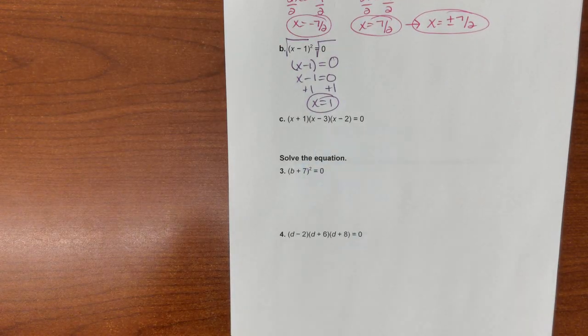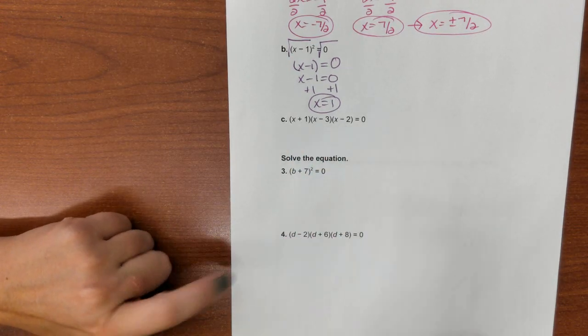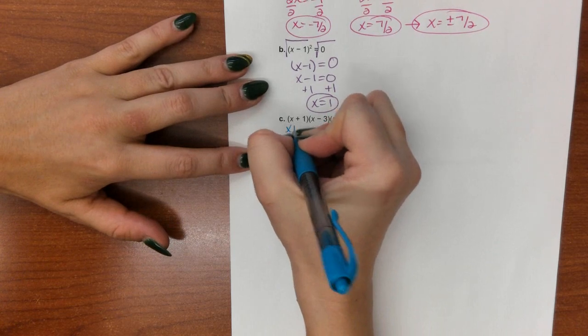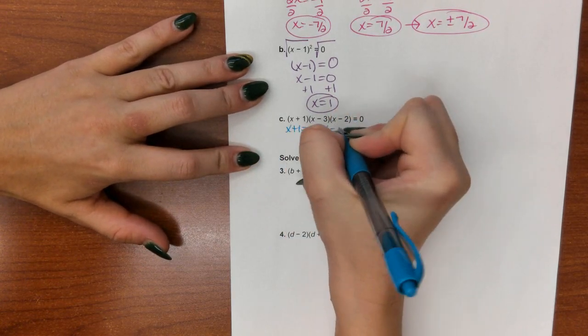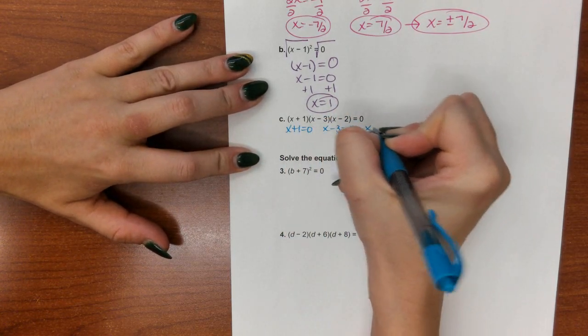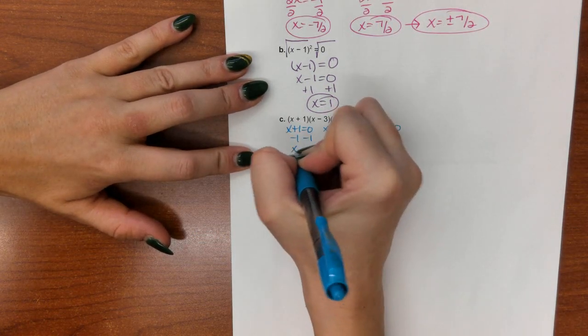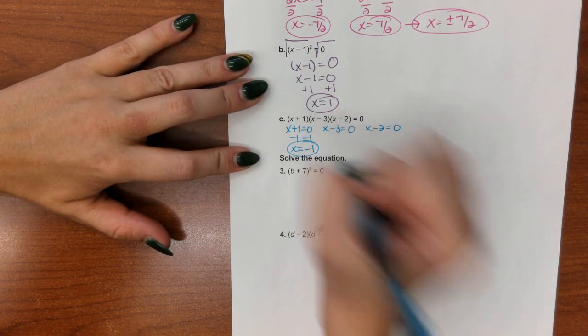And for part C, the only thing that's different about this one is now I have 3 pieces. So what do you think I'm going to do? I'm just going to set it equal to 0 3 times. So x plus 1 equals 0, x minus 3 equals 0, x minus 2 equals 0, and solve each one.